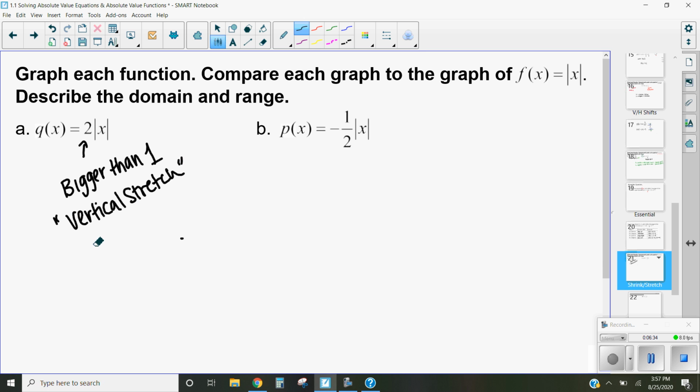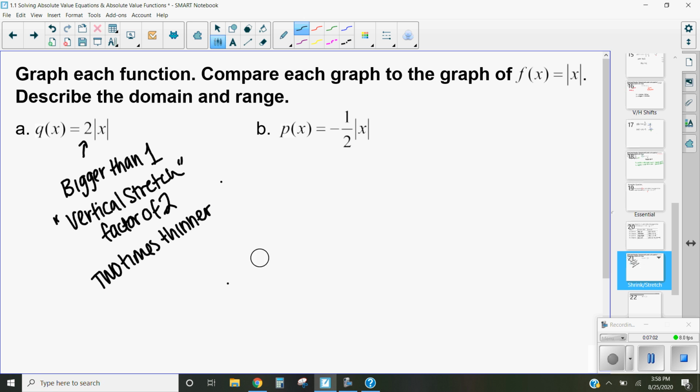And the function had a vertical stretch, and we call it by a factor of 2. So what that means is that the function got thinner 2 times. The best way to phrase that is probably 2 times thinner. So we now have a 2 times thinner function that we're looking at here because we multiplied it by 2.